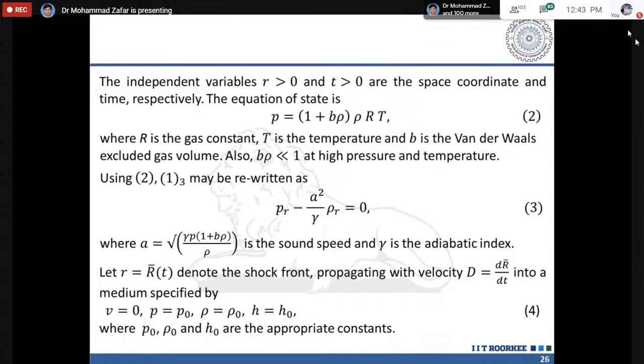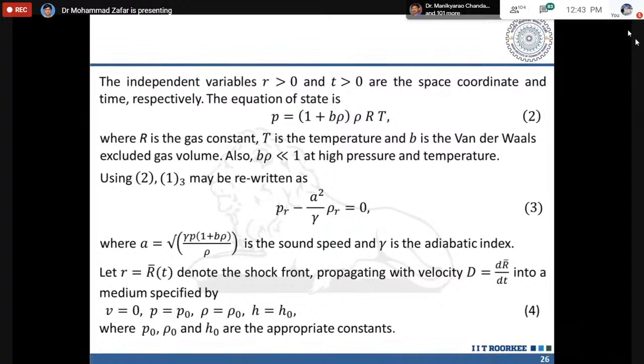Also in equation number 2, capital R is the gas constant, capital T is the temperature, and small b is the van der Waals excluded gas volume. Also, the value b rho is very much less than 1 at high temperature and pressure.